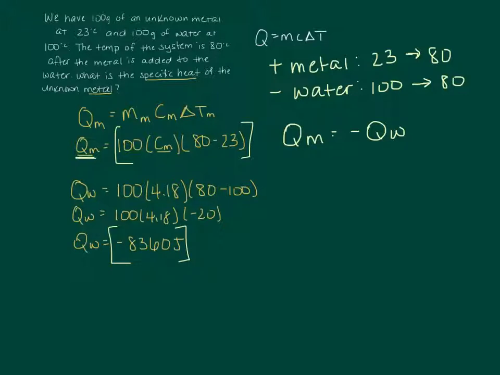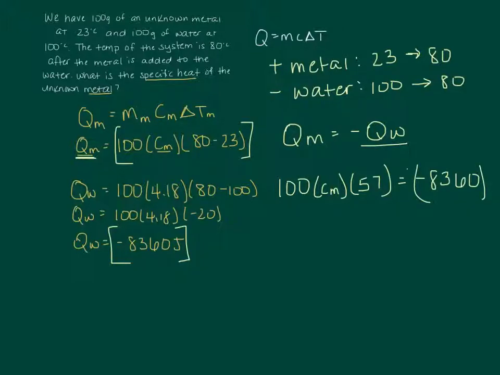So my Qm is 100 cm times 80 minus 23, which is 57, equals negative 8,360. But remember, my Qw is negative, so I actually have a double negative, which makes that positive.